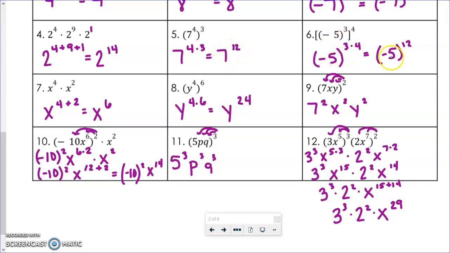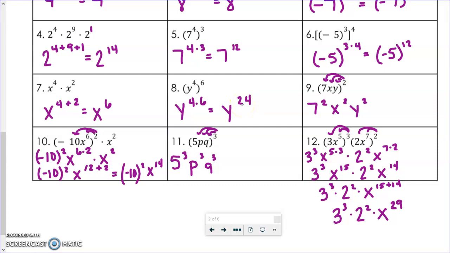Number 6, we'd keep our base of -5, multiply our powers to get -5 to the 12th. Number 7 is actually, like our first rule, we keep our base of x, add our exponents to get x to the power of 6. Number 8, though, we can keep our base and multiply to get y to the 24th.